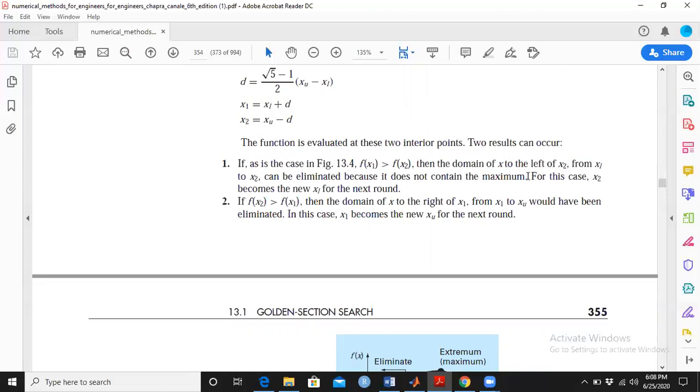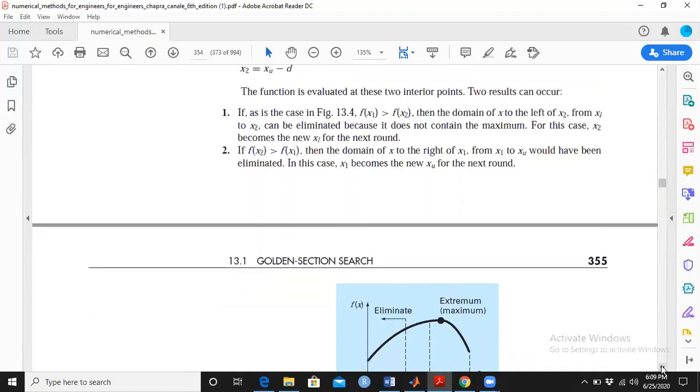In this case, x2 becomes the new xl for the next round. Next, if f of x2 is greater than f of x1, then the domain of x to the right of x1, from x1 to xu, would be eliminated. In this case, x1 becomes the new xu for the next round.